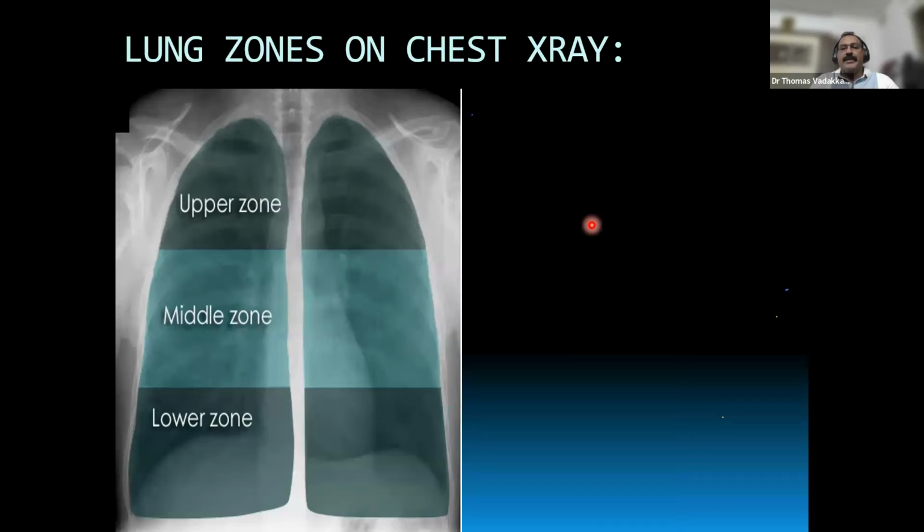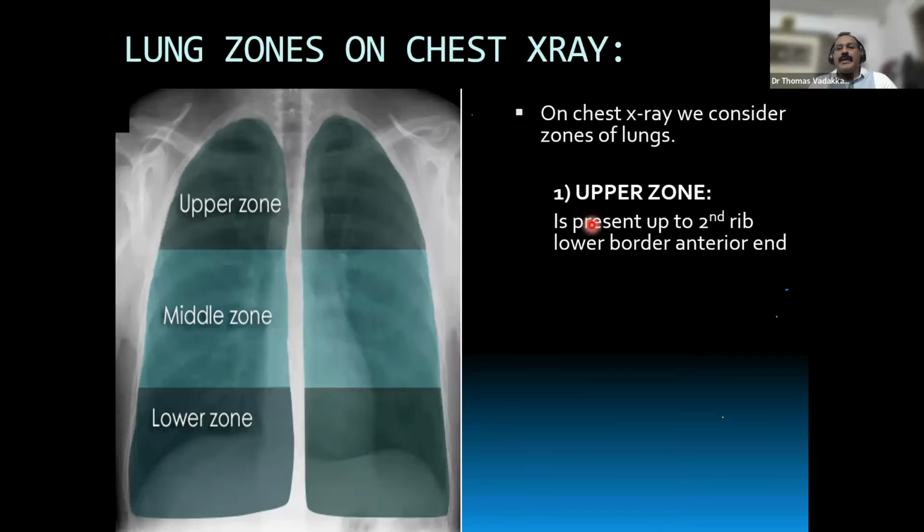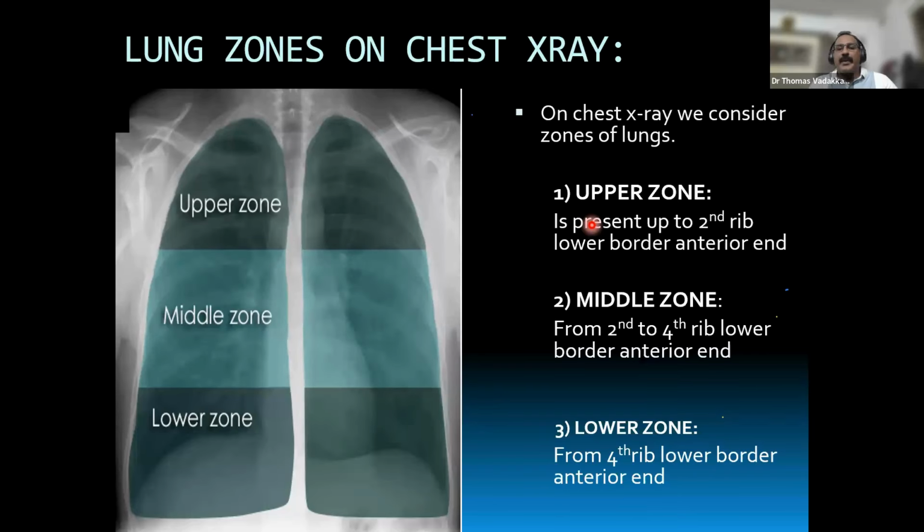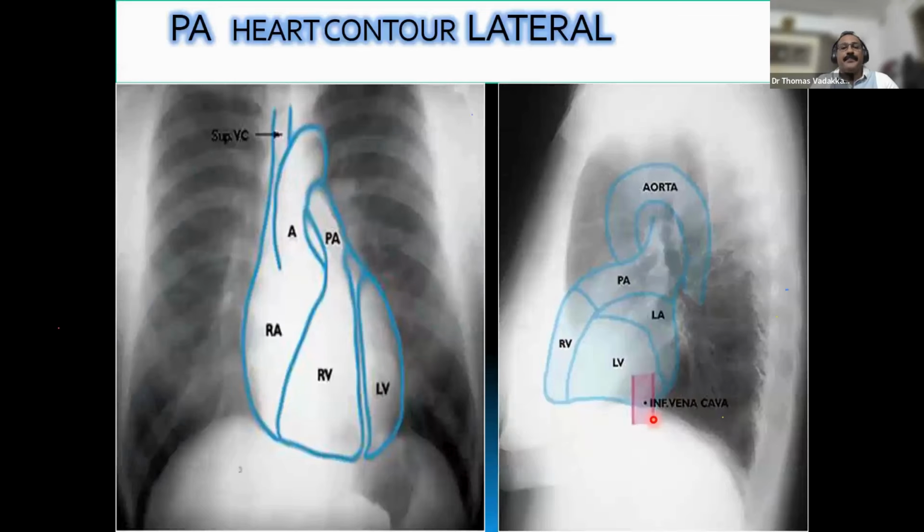That's the beauty of describing this in the X-ray. So we are dividing them into the upper, mid, and lower zone. Some people say that upper zone is for upper lobe, mid zone for middle lobe, and lower zone for lower lobe. It's not like that. We are just describing the lesion according to two arbitrary lines.